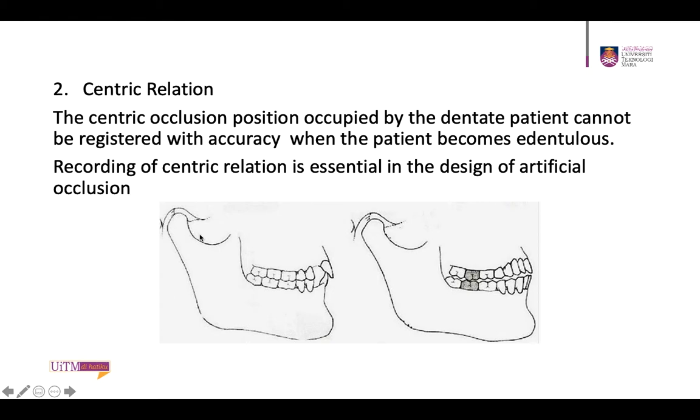Okay, that will be covered actually in your occlusion lecture. But what I want you to take home from this slide is, for patients we are fabricating complete dentures on, you must always make sure that centric relation is the mantra. Okay, you always want to bring the patient back to the centric relation.